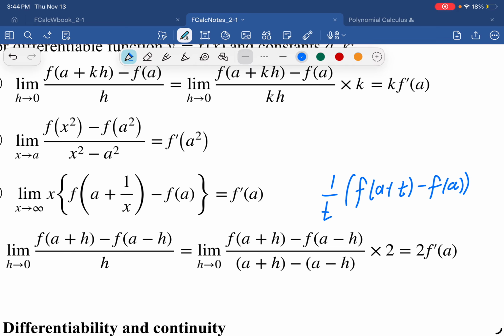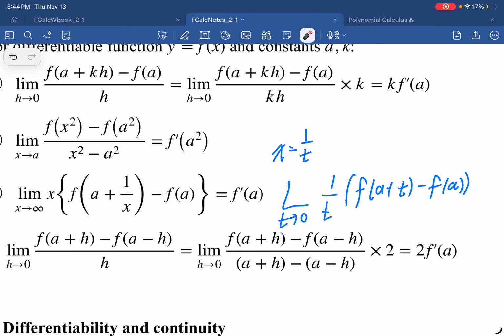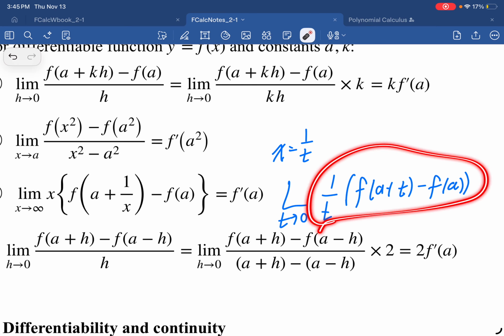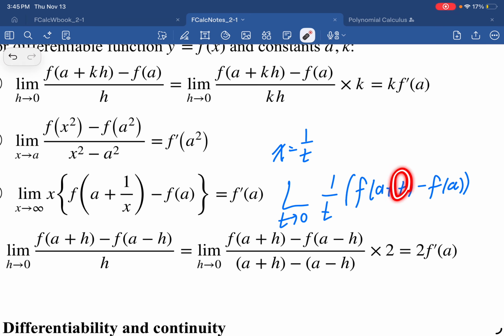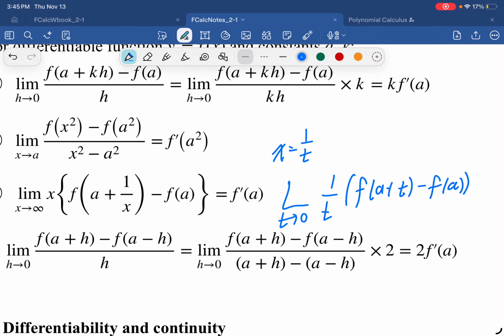And as x goes to infinity, t goes to 0, so limit t goes to 0. And as you can see, this is literally the definition of the derivative, right? A plus something minus a over something as that something goes to 0. So it's just a matter of unpacking and trying to figure out what this expression actually is. So this is the equivalent expression to f prime of a.